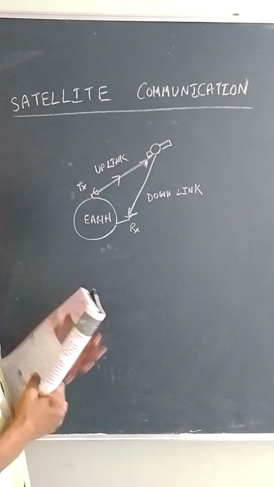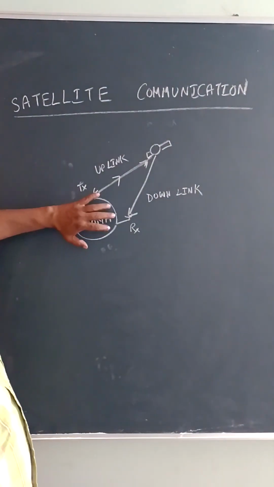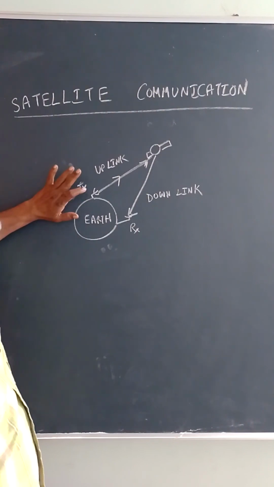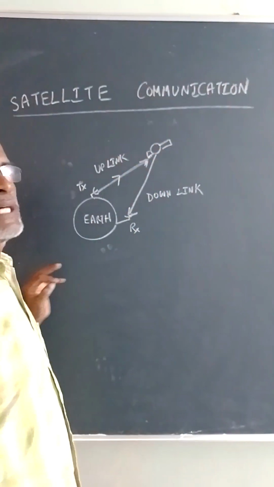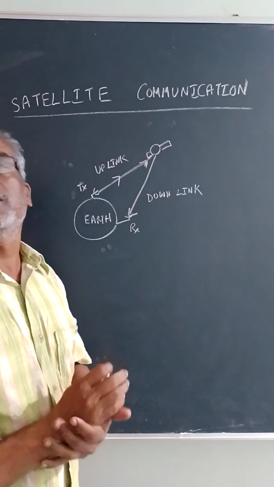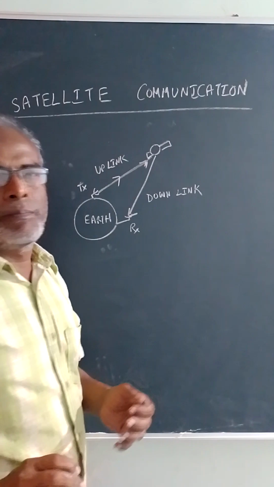So what are the important points that you have to remember? First point is, from the earth surface there will be a base station. The signals are transmitted towards the satellite. The satellite receives the signals, and that link is called uplink.